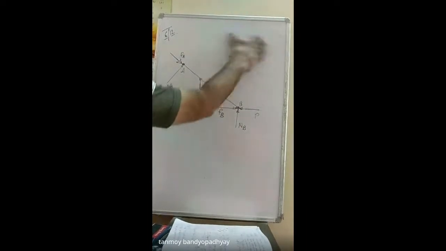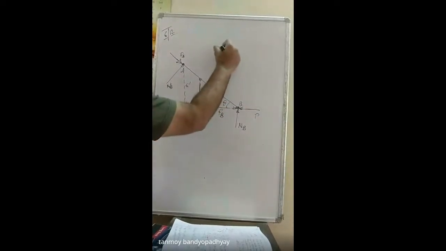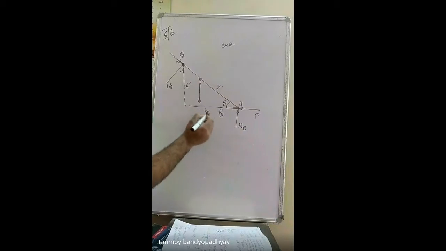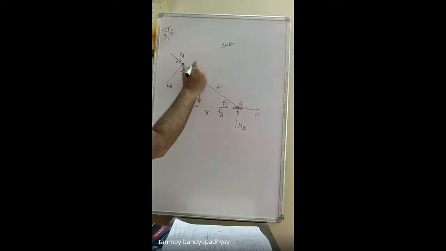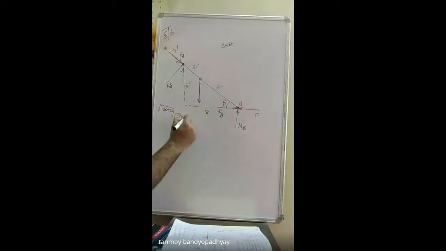There are no other forces. The rest you can just calculate. Let's call this angle theta. If this one is 6 feet and this one is 8 feet, then this length will be the square root of 36 plus 64, which is the square root of 100, so 10.